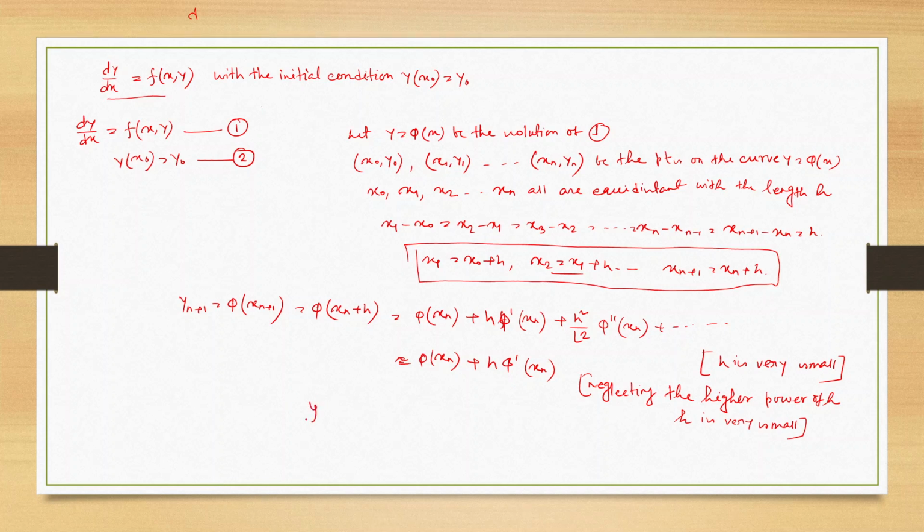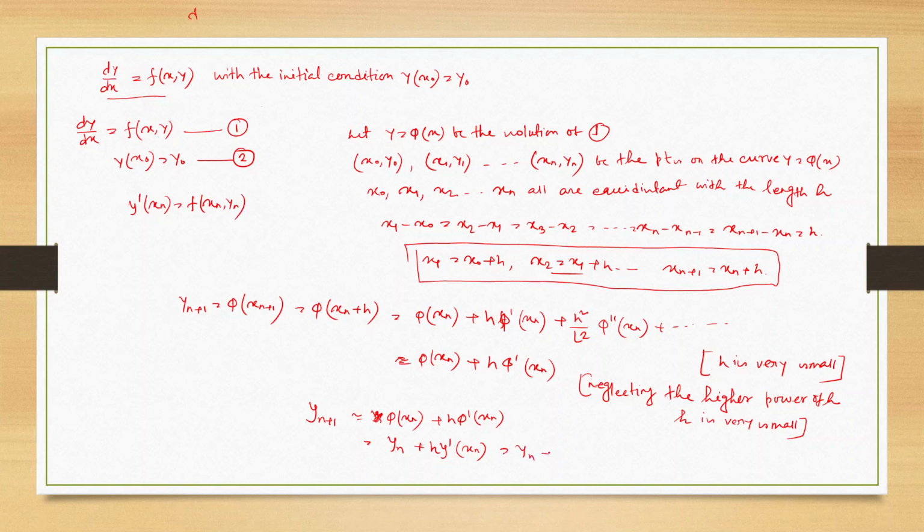So from here we can write yn+1 = phi(xn) + h phi'(xn). And phi(xn) means yn, so we can write yn + h, and phi'(xn) means y'(xn), and y'(xn) means f(xn, yn).